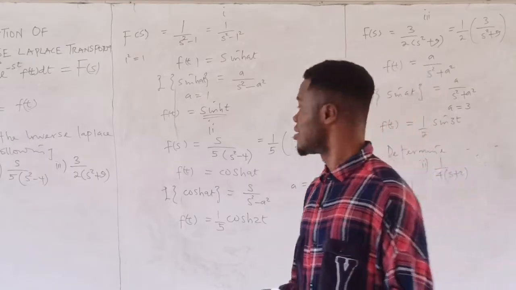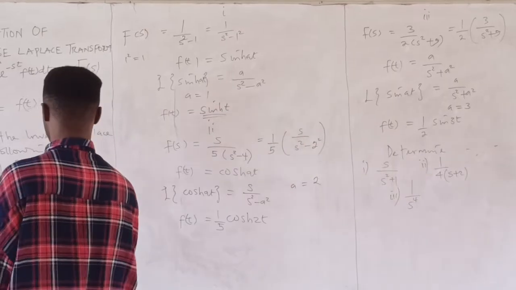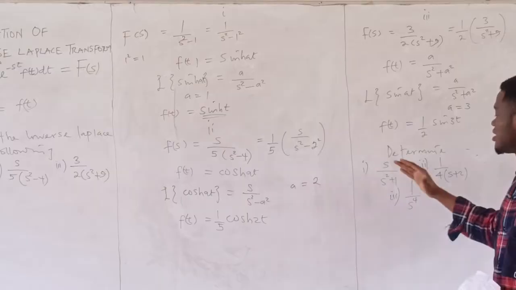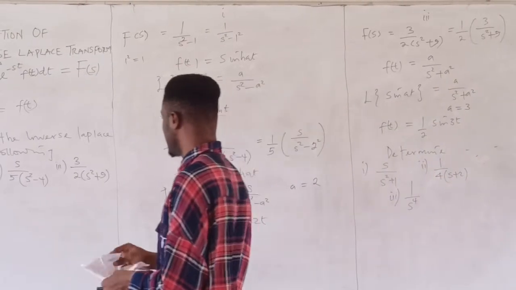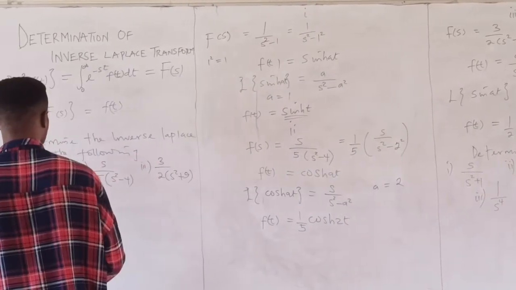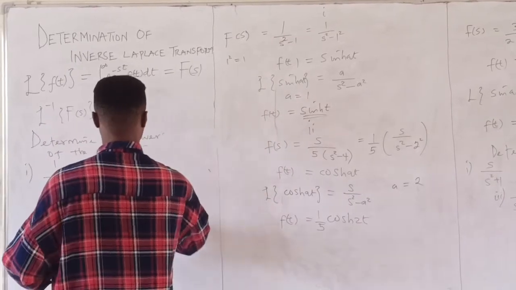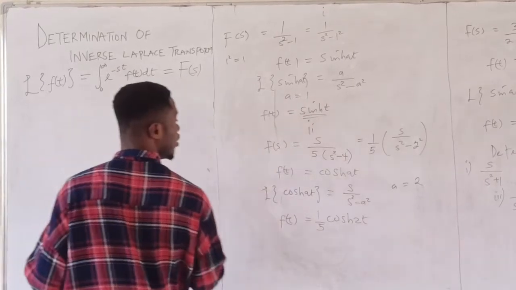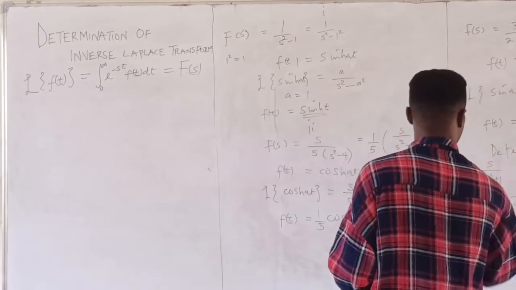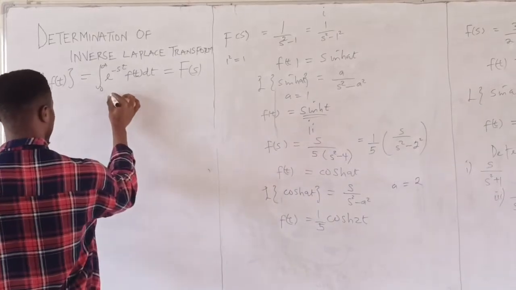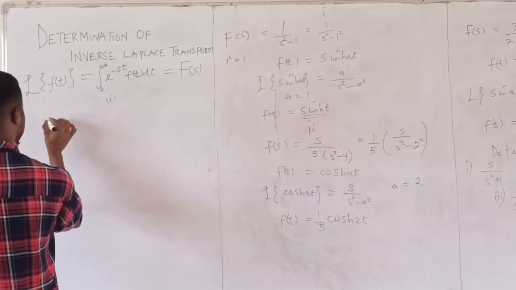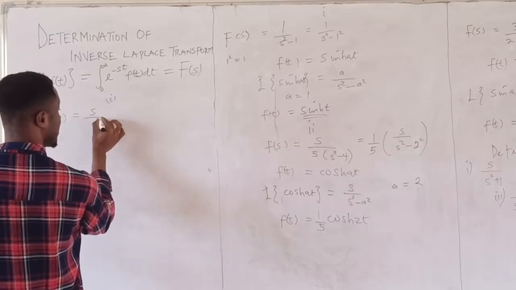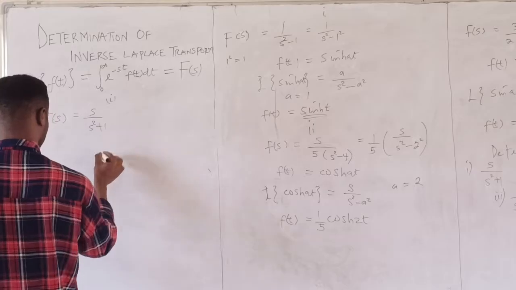So if you have done that, let us quickly find the F of s and f of t that are related to this function, right? So the first one, from the first example there, we have that F of s is equal to s divided by s squared plus 1, right?